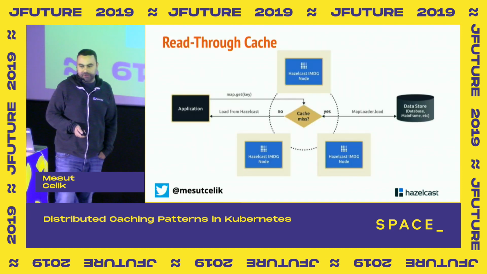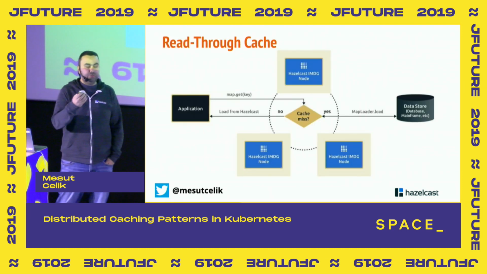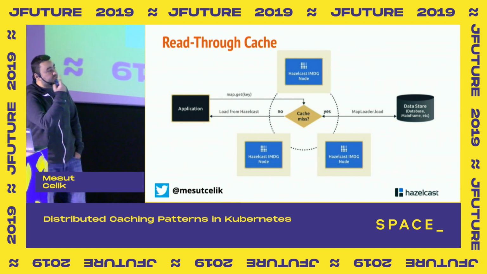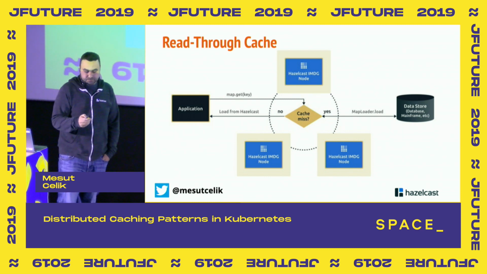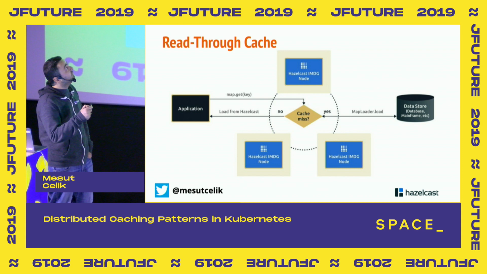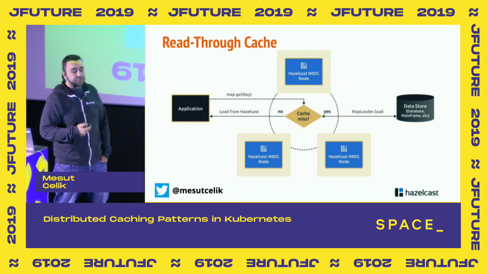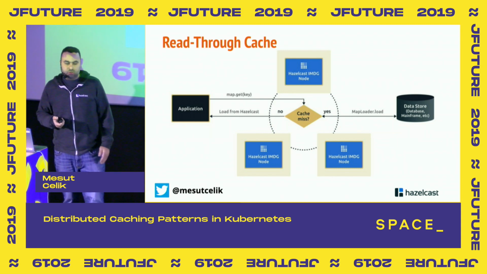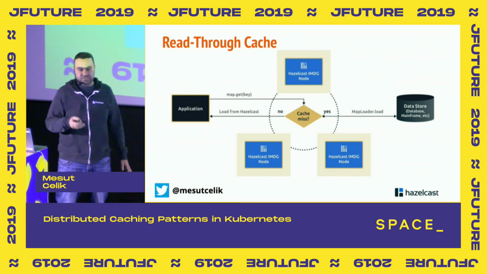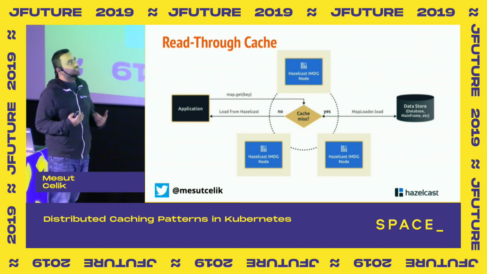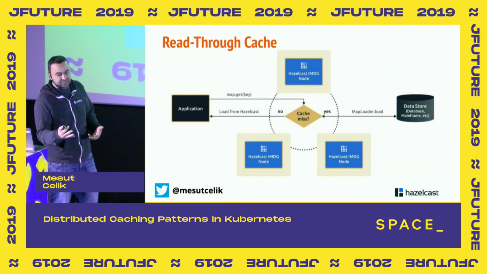If we check the read-through cache, for instance, in this picture, as you see on the left side, you have this application. It's actually a microservice, we can call it. It does a map.get, it's just a lookup. It asks the Hazelcast cluster if that data is available.